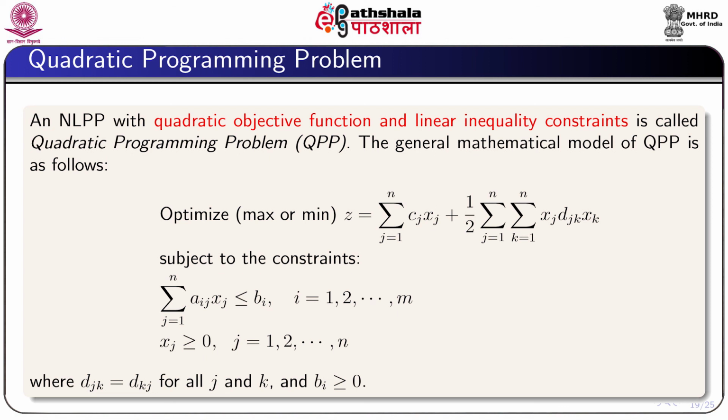Here djk is equal to dkj for all j and k, and bi is greater than or equal to 0.